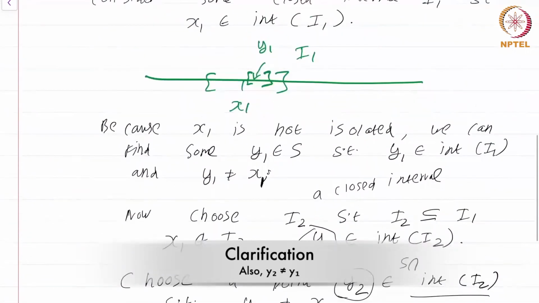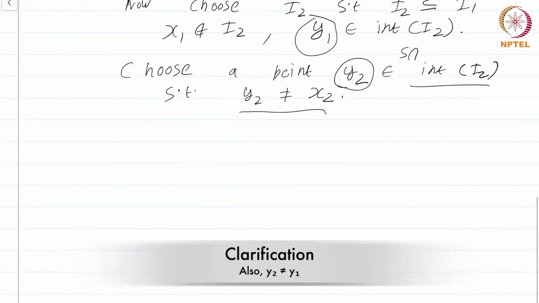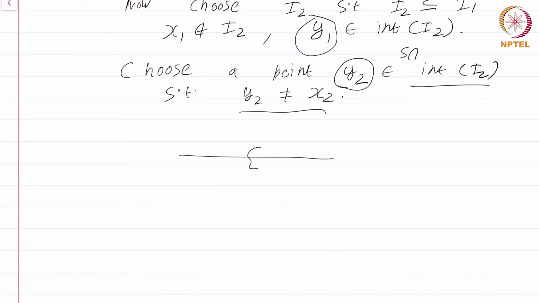Okay. So now zooming in on the previous picture, what has happened is we have this I2, and in this I2 we have our element y1. We are choosing a y2 here.